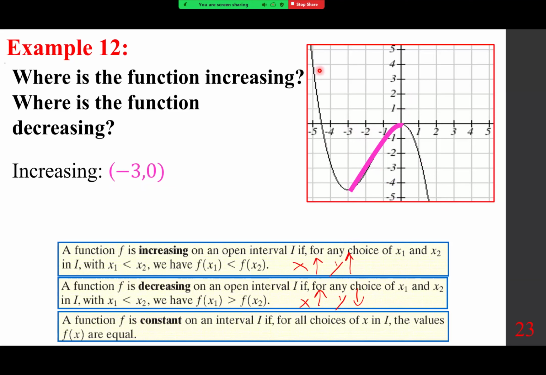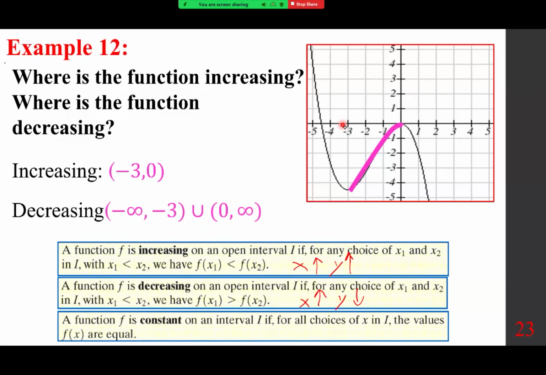This portion continues indefinitely, okay, class? So from -infinity all the way to -3, and then from 0 to infinity. So it's decreasing from -infinity to -3, union 0 to infinity.